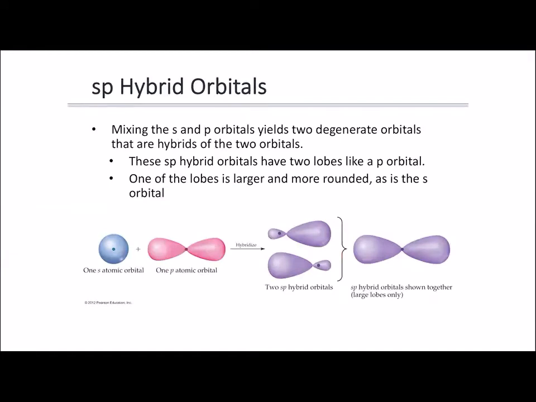The first one we'll look at is sp orbital. The sp hybrid orbital, as the name implies, I'm going to mix one s orbital and one p orbital, which gives me 2 hybrid sp orbitals. And they'll arrange themselves as far apart as they can get from each other. So they'll arrange themselves on opposite sides.